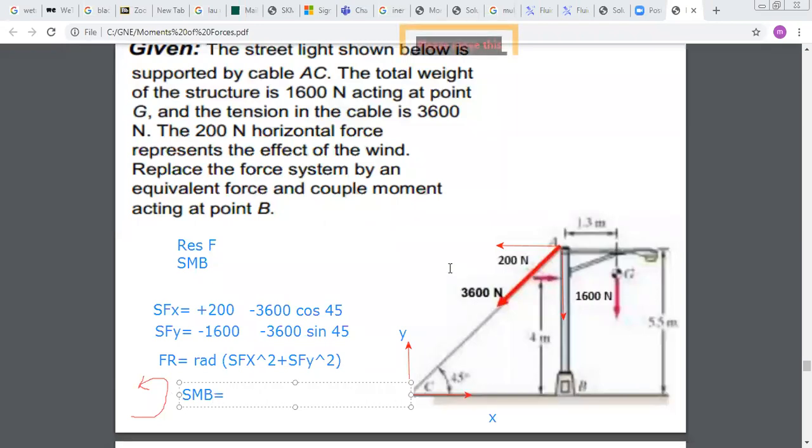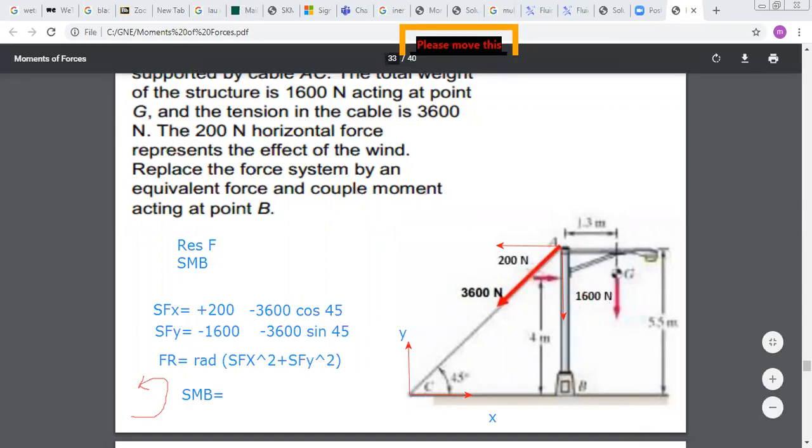First, if I look at my forces, I have the horizontal force, okay? This horizontal force is tending to create a moment about B in which direction? Look, it's trying to rotate about B in the clockwise direction. So it's minus, because I chose counterclockwise as positive. So for this force it's a negative moment, and I should multiply by the perpendicular distance, which is 4 meters.